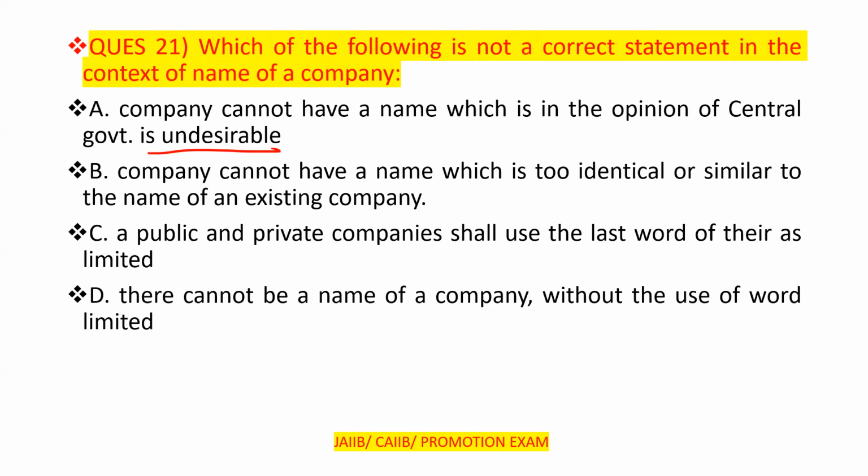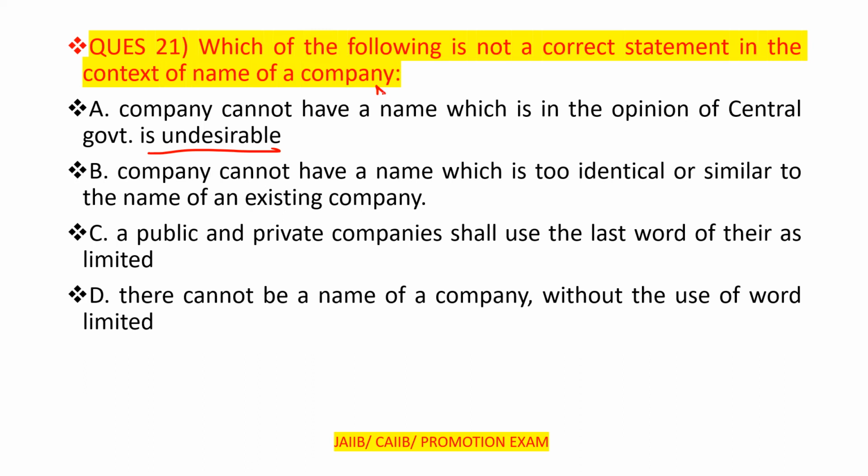Second one: a company cannot have a name which is too identical or similar to the name of an existing company. We have to find the one that is not correct. First one is correct. Second one is also correct, clear.